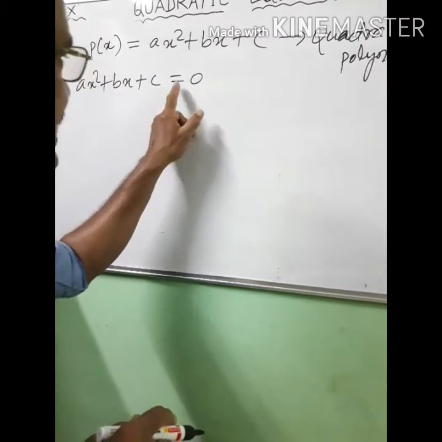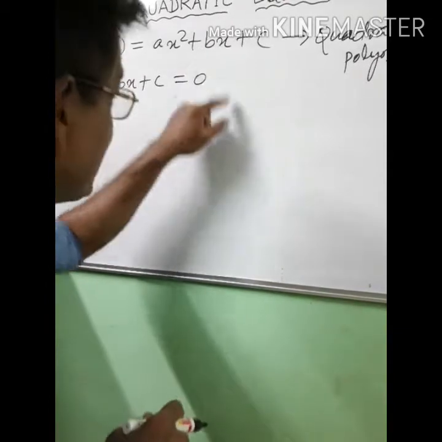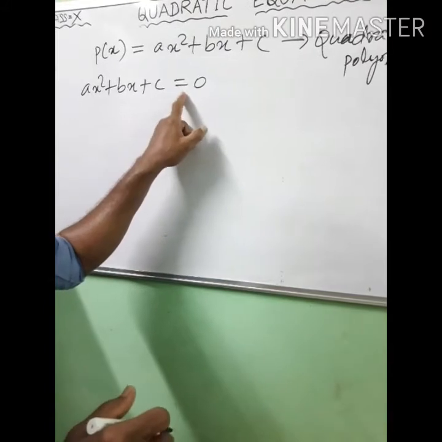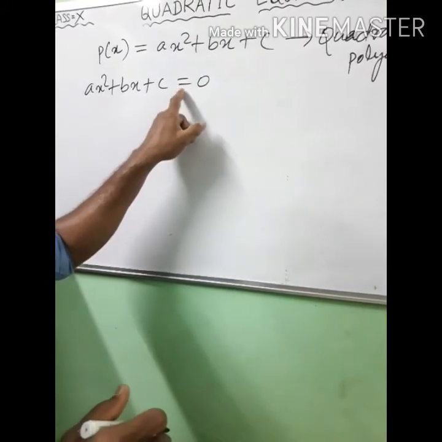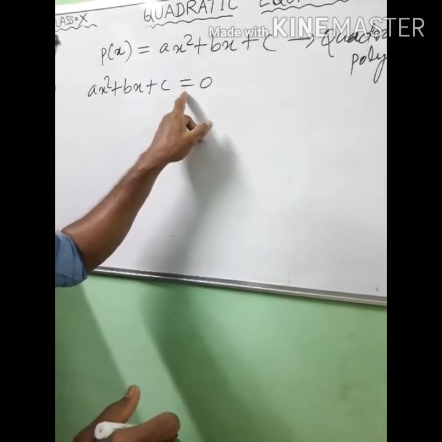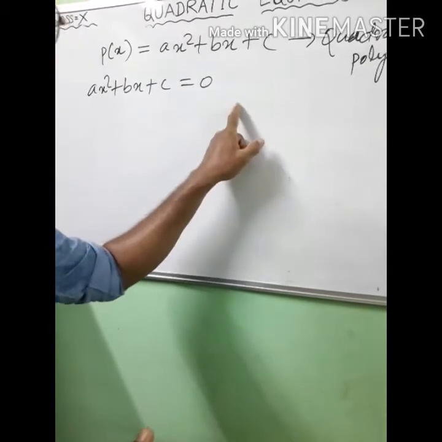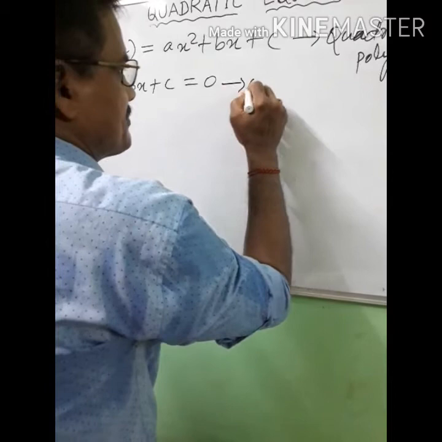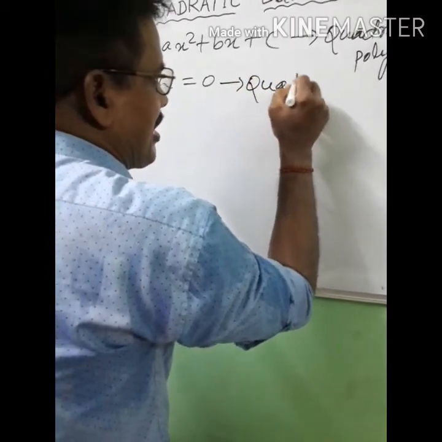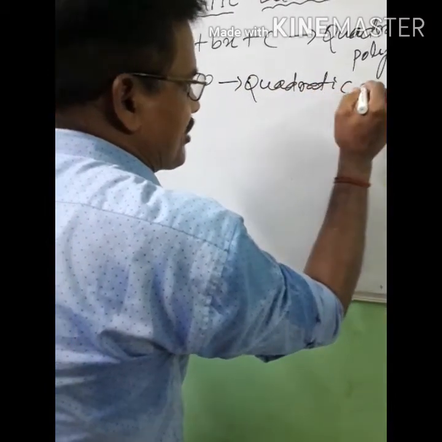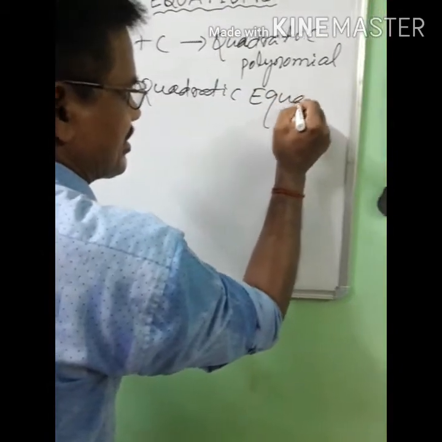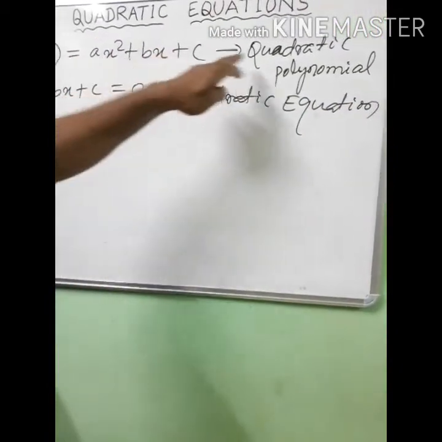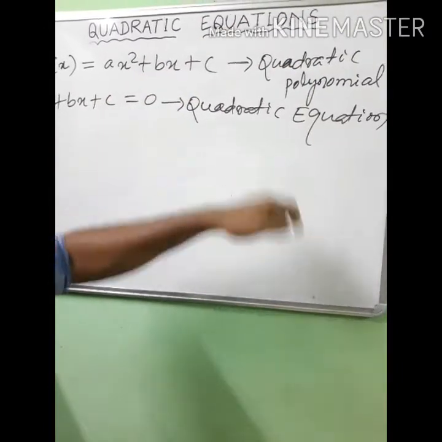That quadratic polynomial equal to 0 is a quadratic equation. Why is it a quadratic equation? Because here, equal to 0 is written. So here is the quadratic polynomial and this is the quadratic equation.